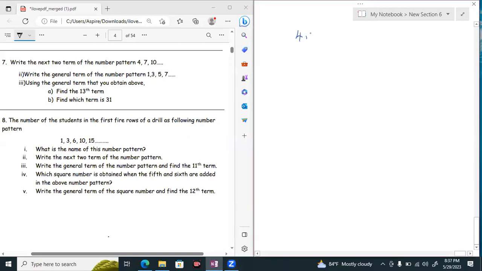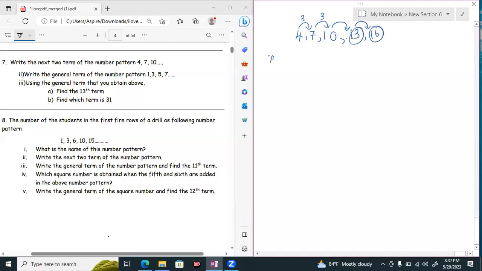When we consider 4, 7, 10, you can see the 7 can be obtained by adding 3 to the 4. 10 can be obtained by adding 3 to the 7. That means the next term is obtained by adding a particular number to the previous term. Then the fourth term can be obtained by adding 3 to 10. It is 13. Fifth term can be obtained by adding 3 to 13. It is 16. Then 13 and 16.